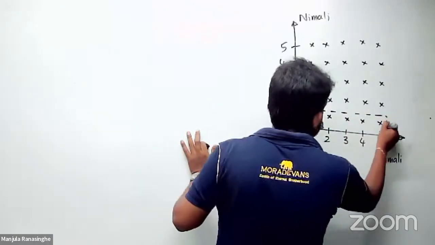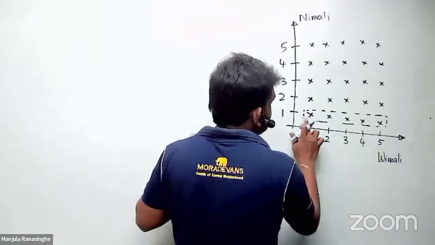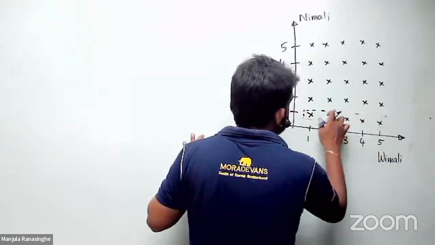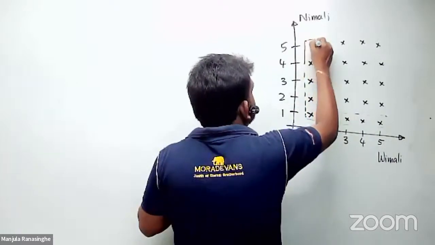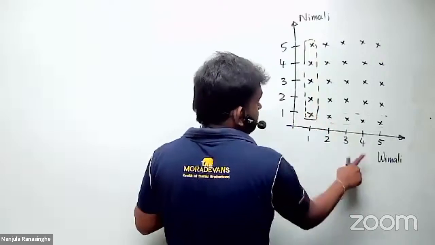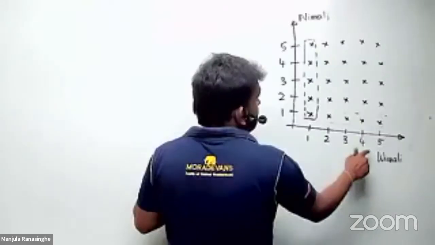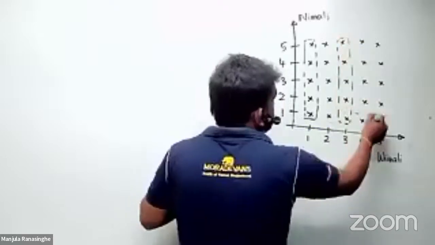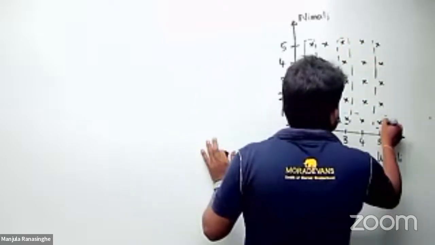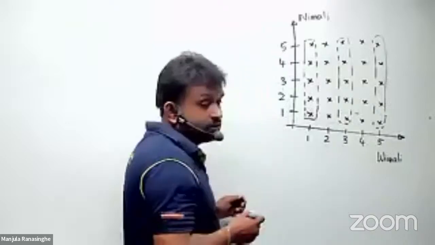Vimali can take 1, Vimali can take 3, and here Vimali can take 5. These are the 3 odd numbers.